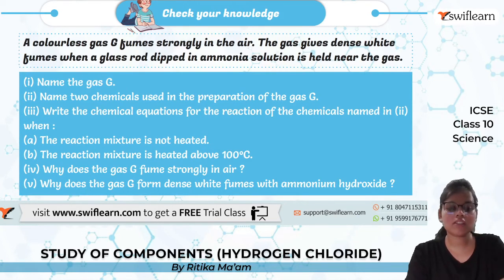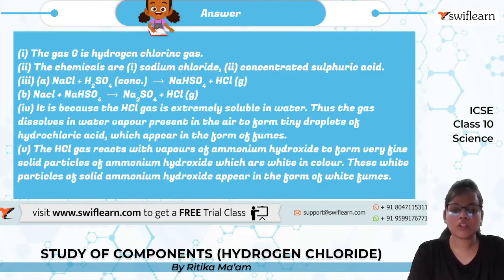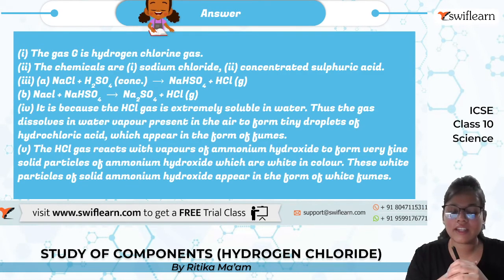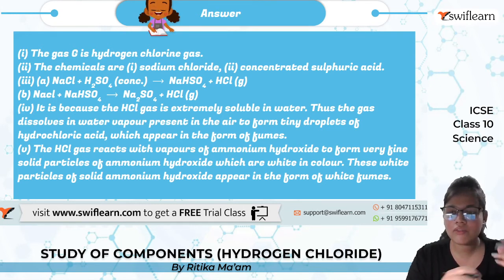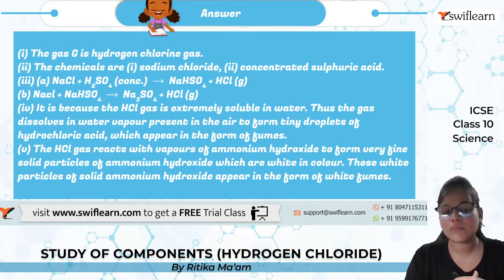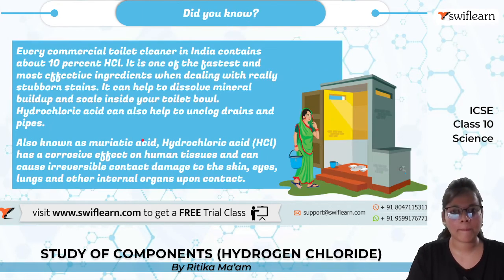The last question asks, why does the gas G form dense white fumes with ammonium hydroxide? Because it reacts with ammonium hydroxide to form very fine solid particles. These particles are white in color, and they appear in fume form.